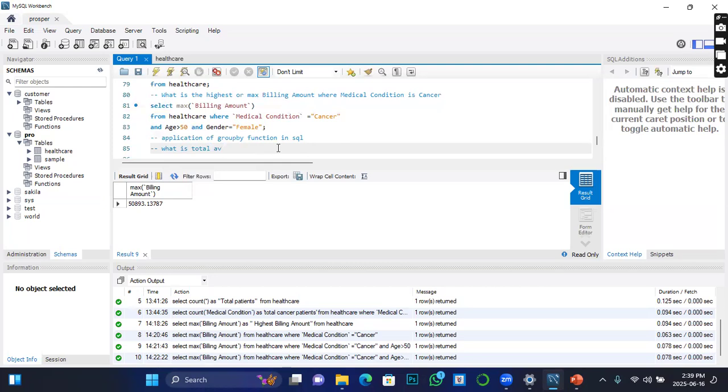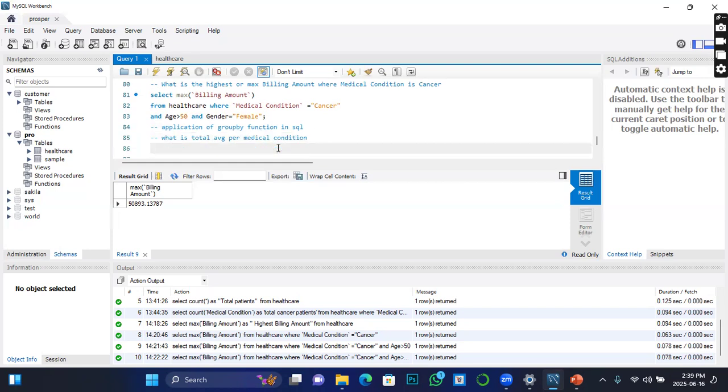So I'll do this one, you do it for all of them: count, sum, probably average. What is the total average per what? Per medical condition, right? Medical condition, or blood type. Anyone, let me use this since I've already typed it.